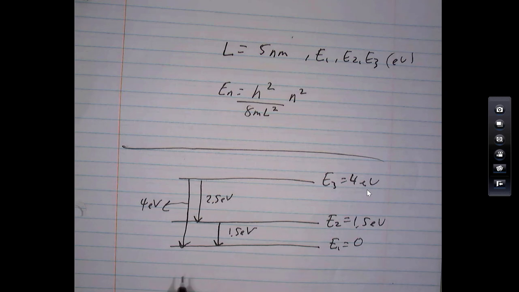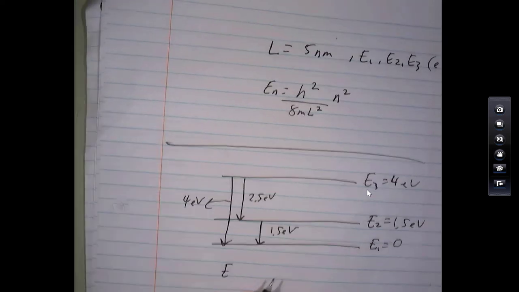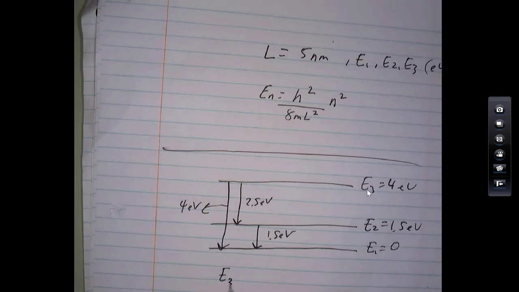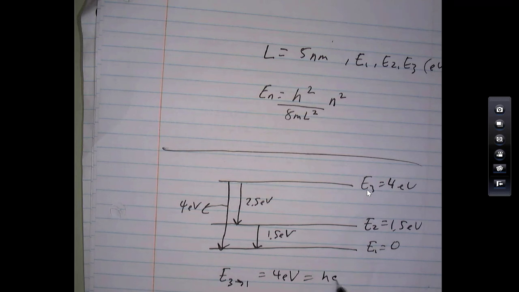So let's just do one of them. So energy going from 3 to 1. The difference in energy would be 4 eV, and we know energy is hc divided by the wavelength. So the wavelength then would be hc over 4 eV.